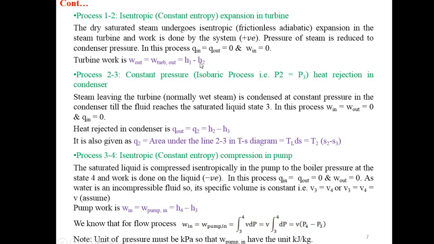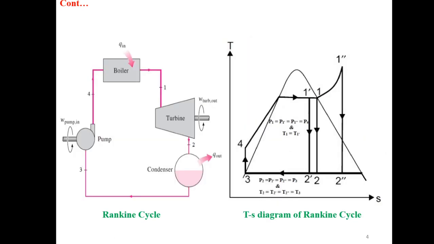Next process is constant pressure, that is isobaric, P2 equal to P3. This is heat rejection in the condenser. So process 2-3, we are having condenser as the component, so there will be heat rejection from the steam. So what we get? We are getting a constant pressure heat rejection process.